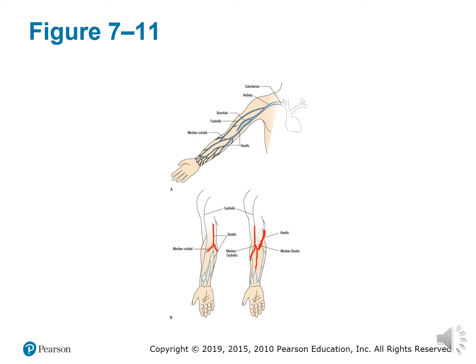You see it's running right under the arm, parallel to the bicep. Again, you know it's going to meet up in the middle, right there.